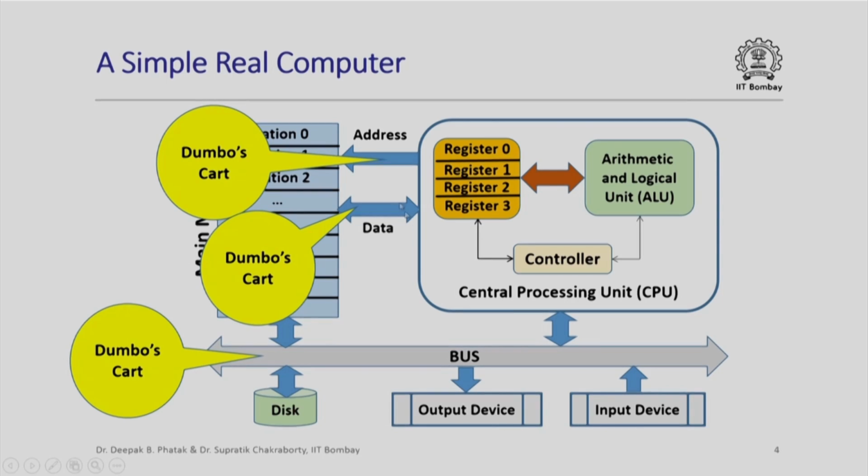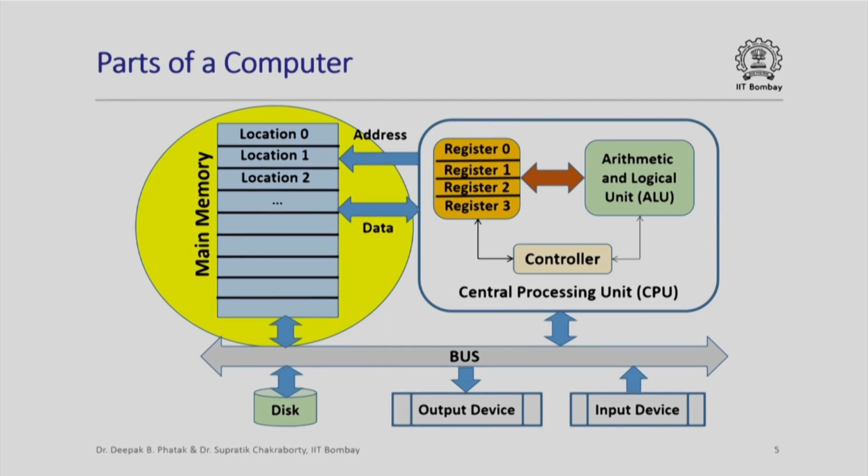Here are some other buses which are called an address bus and a data bus, and these also transfer information between different parts of a real computer. So having seen the similarity between the Dumbo model of computation and what a real computer looks like inside, let us go a little bit more in detail into each of these parts.